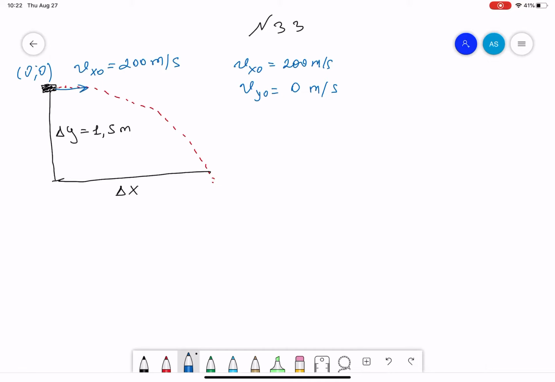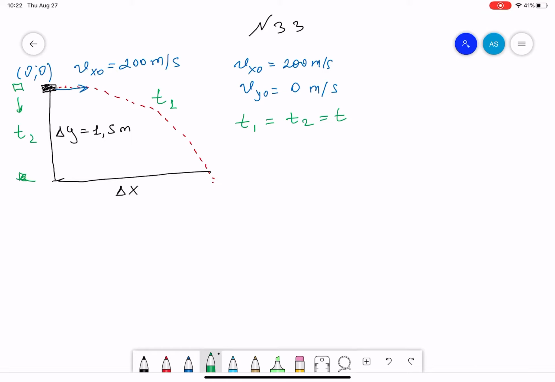If you want to find the total time that the bullet needs to hit the ground, let's call it T1, it's actually equal to the time if you just drop the bullet from the same height from rest. It will have the same time to hit the ground. So T1 is equal to T2, which is just T.